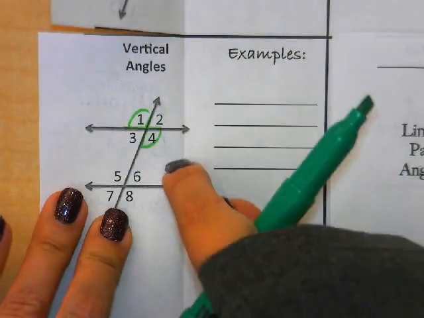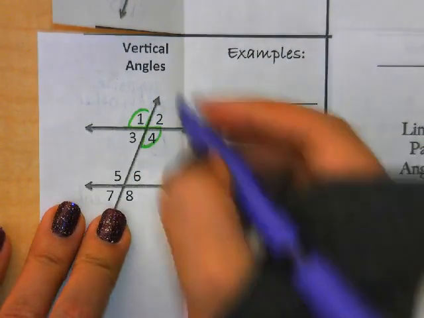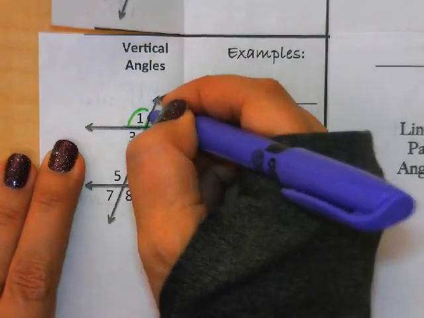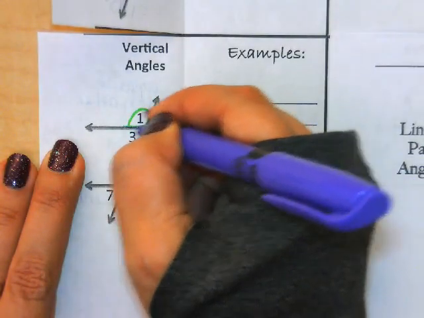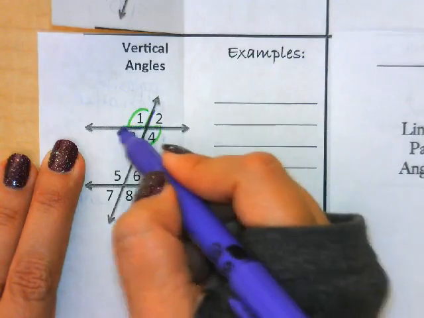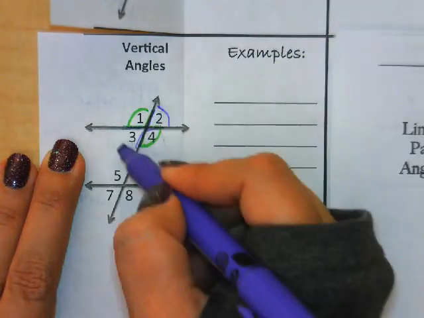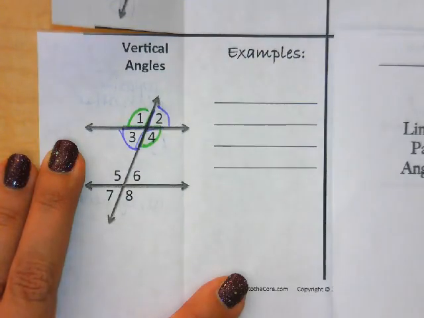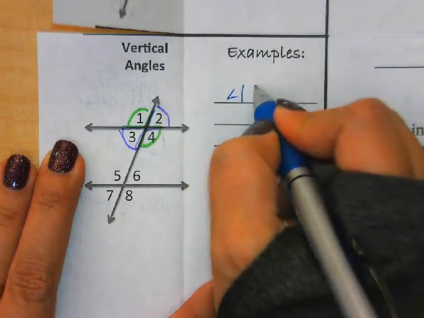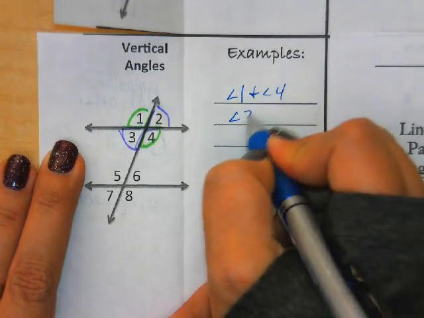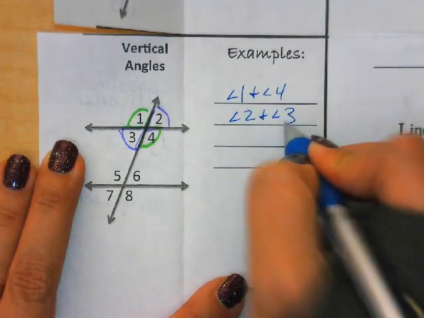Because they're opposite each other. 1 and 4, and then on my V, here I have a V here, I have a V here. So 2 and 3. So angle 1 and angle 4, angle 2 and angle 3.